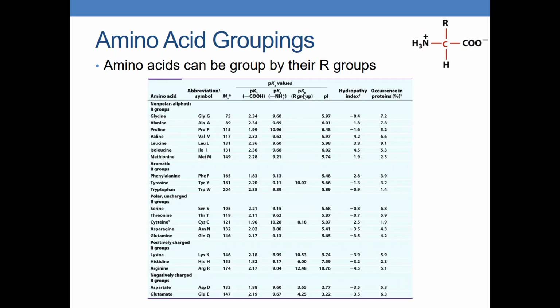Now, the R group pKa's are going to be important to know, but yet again, you don't have to remember them exactly. In a lot of cases, I will give you these numbers, so you may not actually need to know them at all, but it is helpful to have some idea of the pKa for the side chain, the R group here.